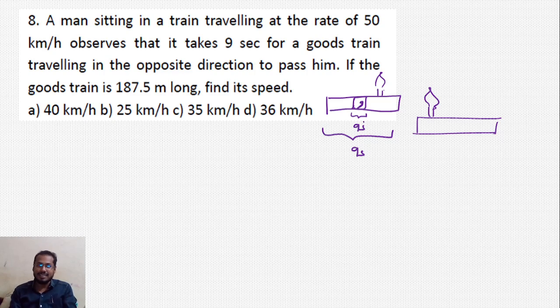Here there is a trap. If you are inside the train, you can only take how much time it takes to cross you, not your train, because I don't know where the engine is and where the guard is. I can only check how much time it takes to cross me, not my whole train.